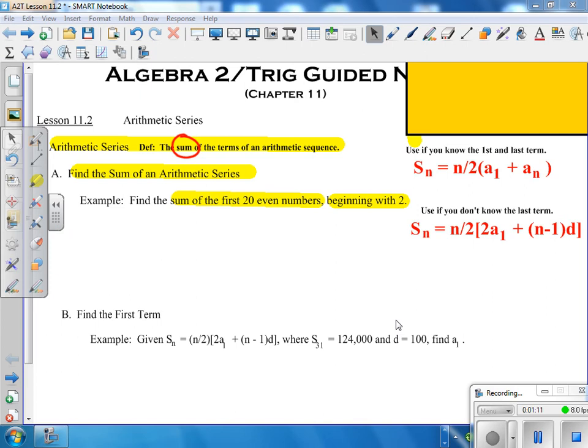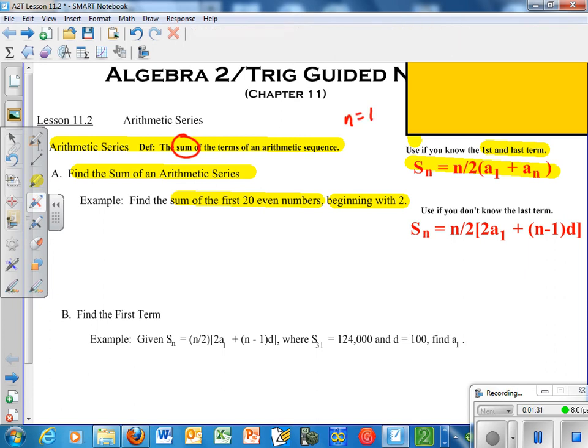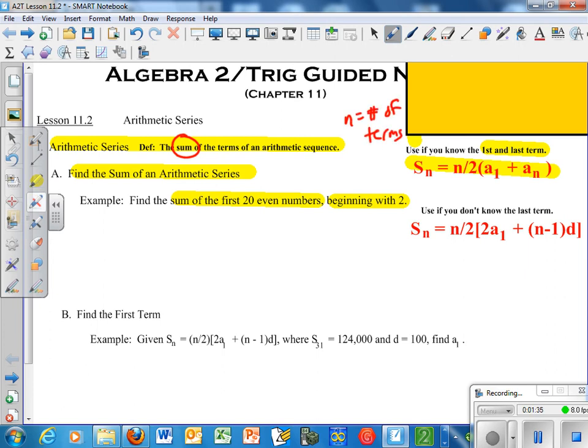One is, if you know the first and the last term, you're going to use this formula right here. And it says S sub n. That means the sum of the series for n terms. N is the number of terms.